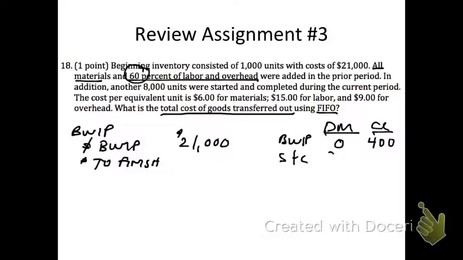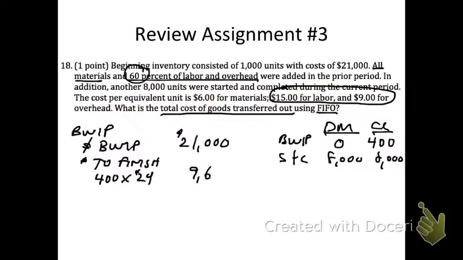Then I have started and completed of 8,000 for each of those. So to finish the units in beginning work in process, I'm going to take the 400 times my conversion cost. My total conversion cost per equivalent unit is 24. So I add 9,600.